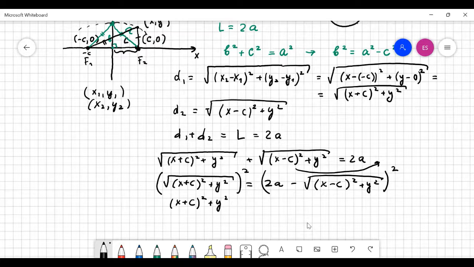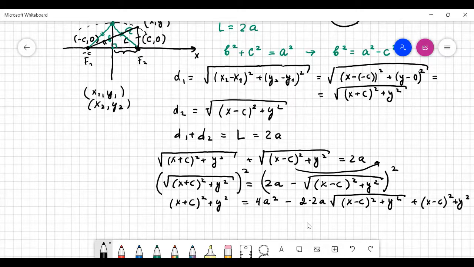My other side is going to give me the square of this, which is 4a squared, minus 2 times 2a times the square root of x minus c squared plus y squared, plus the square of this square root, which is x minus c squared plus y squared.